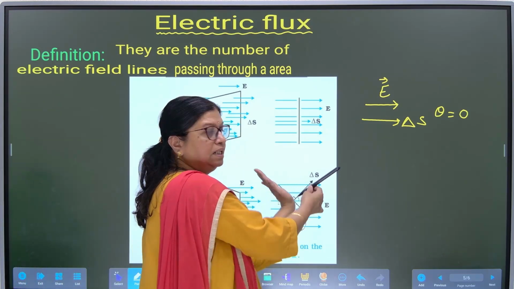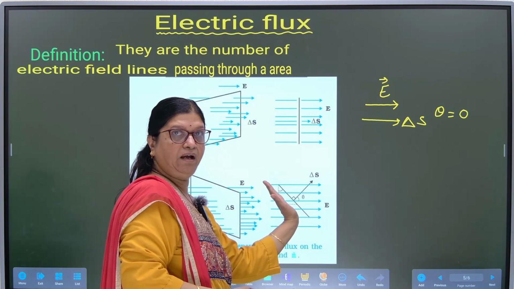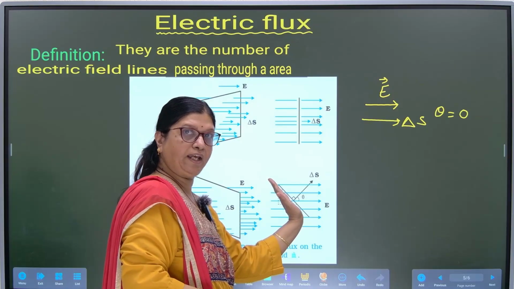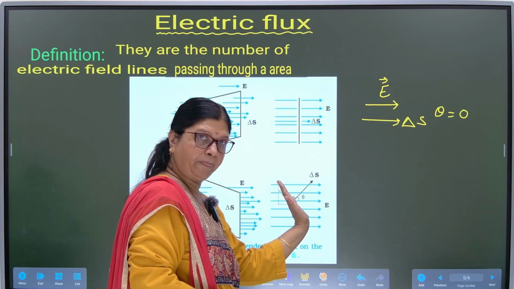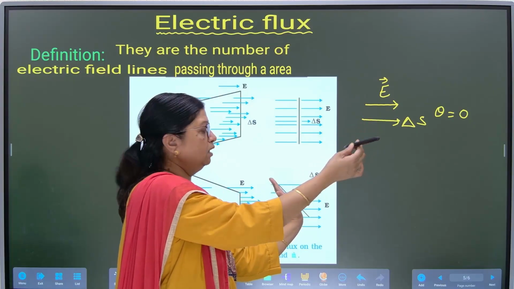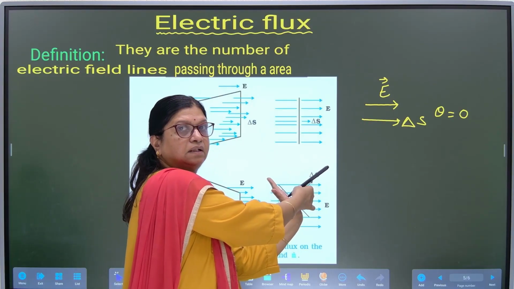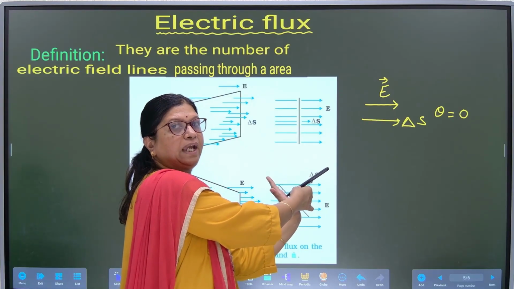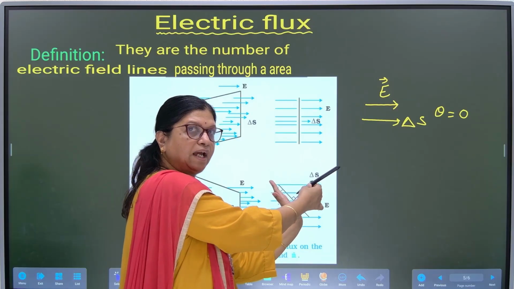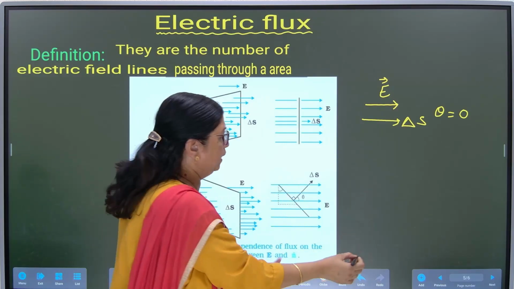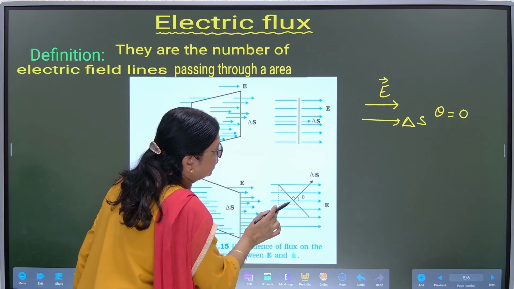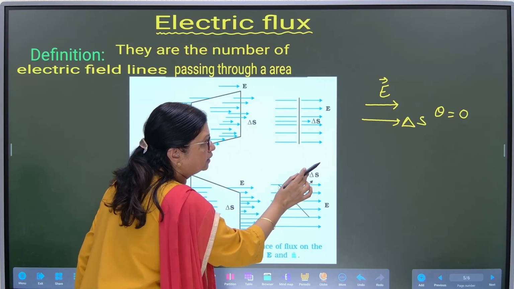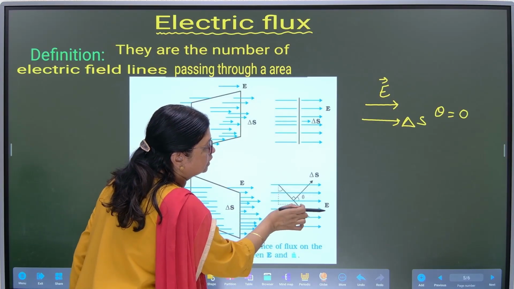You can see this is the area element which we have considered in the electric field. And what is the direction? The direction of delta S is perpendicular to the area element. So you can see this is the surface and the direction of the area element is delta S. And this is the direction of the electric field.